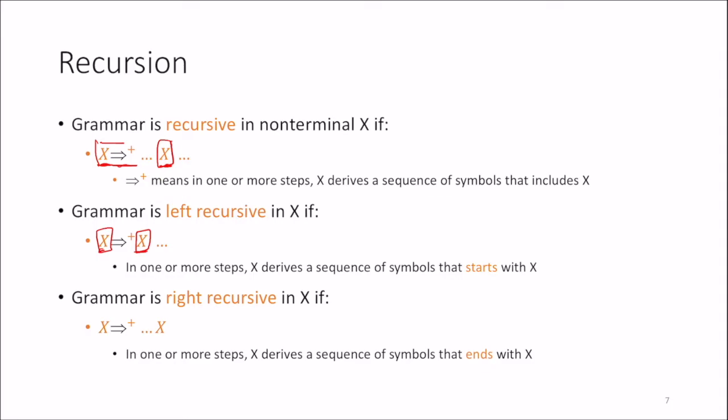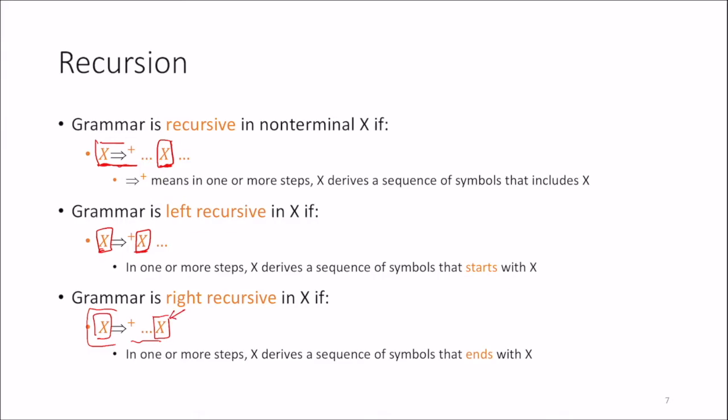Similarly, a grammar is right recursive in x if you start off with x and you end up with a sequence of symbols that ends with x, or x is the rightmost symbol in this sequence. Again I can take this sequence of derivation and apply it to this x and expand it.